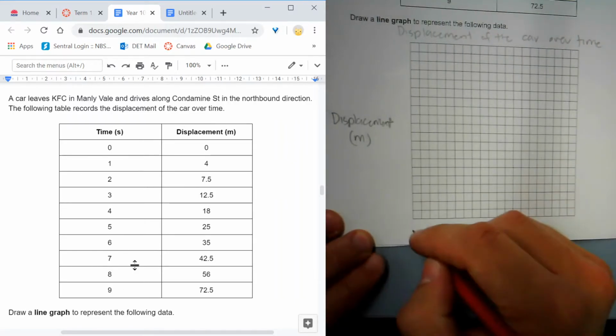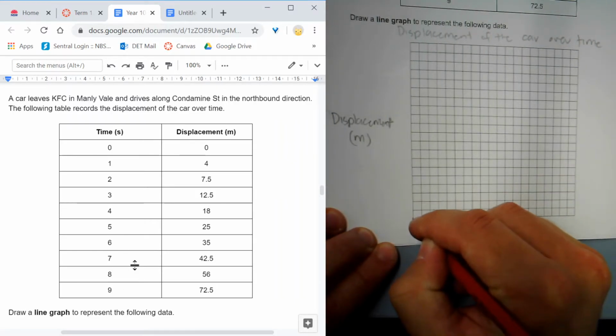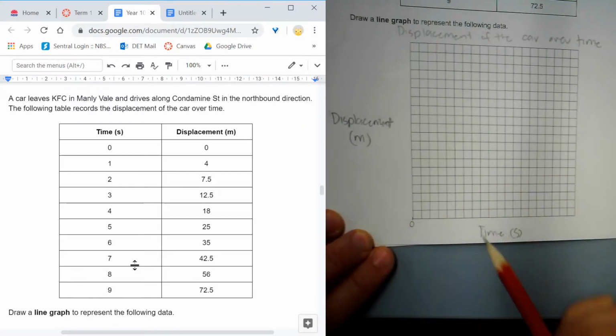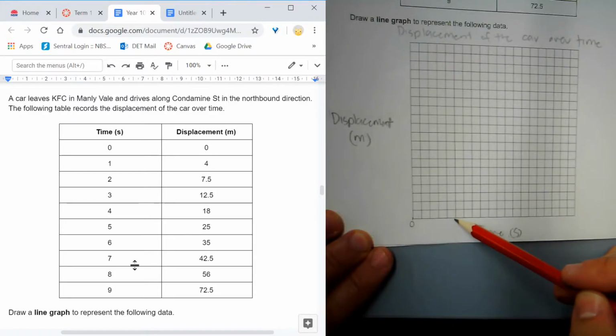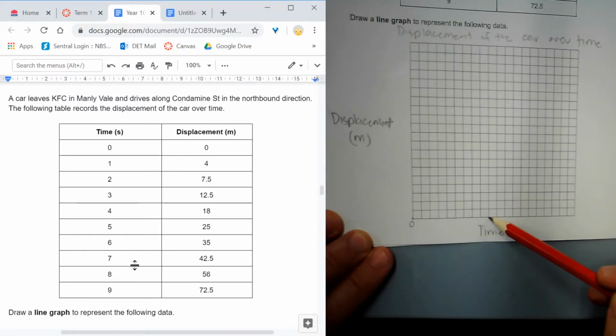So we know we need to start at 0, make sure that it goes on a line itself, not in the space. If I go up in ones, I'm going to go 1, 2, 3, 4, 5, 6, 7, 8, 9. I'm only going to end up about halfway along my graph, which is a little bit too short. So I need to use a little bit more space, at least 80% of the graph area.